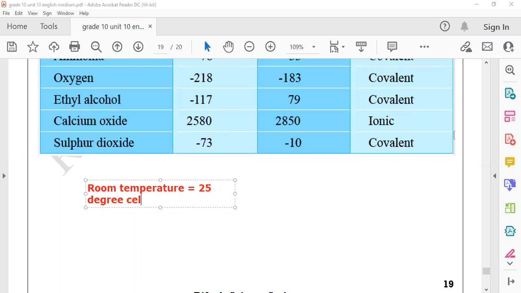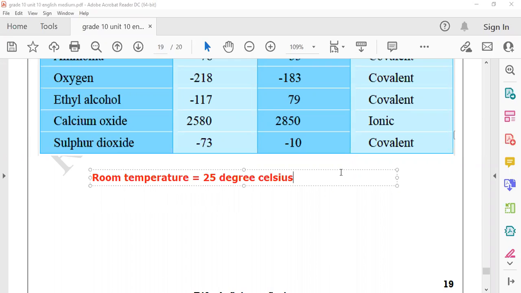You can mark the degree sign. I can't mark the degree sign because the Zoom typing doesn't allow it. So room temperature means how much, my children? 25 degrees Celsius.